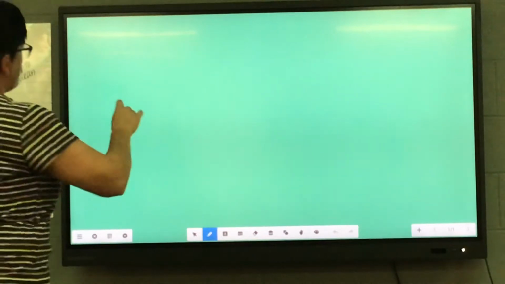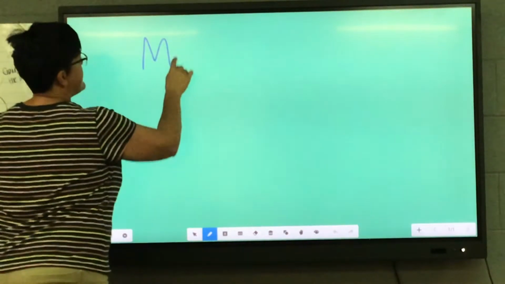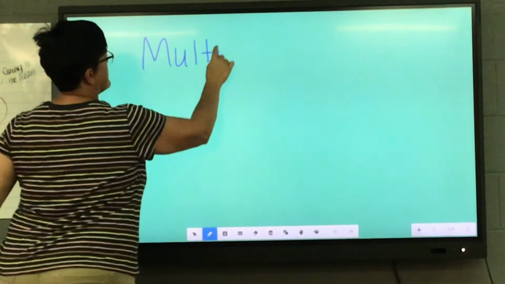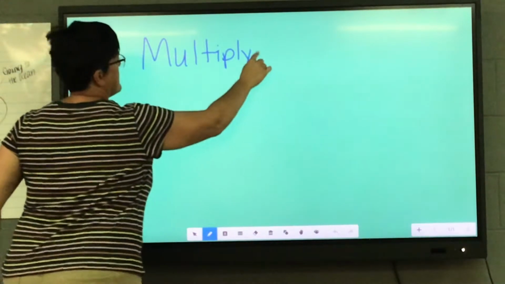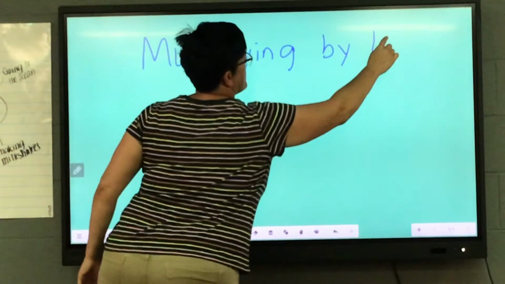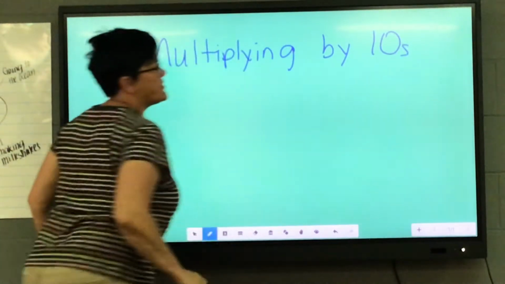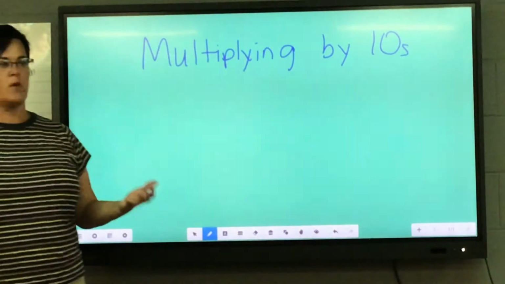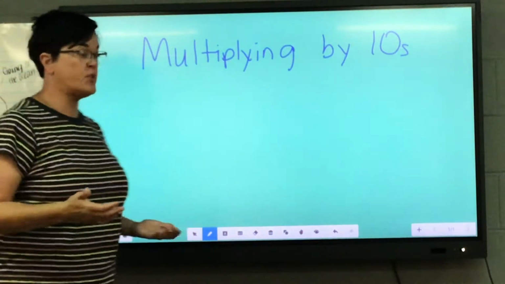Okay, so the next part of math, we're going to be talking about multiplying by tens. Thinking about tens and ones, they're very similar to each other.